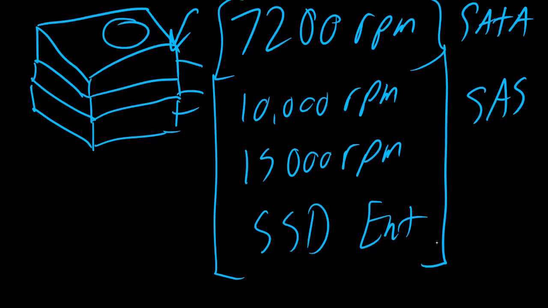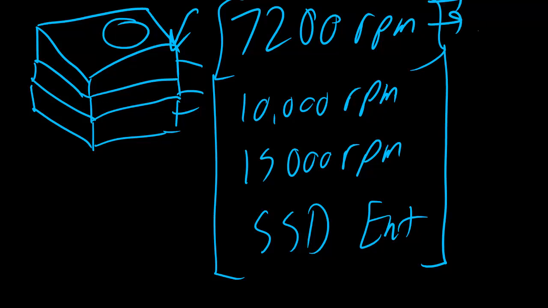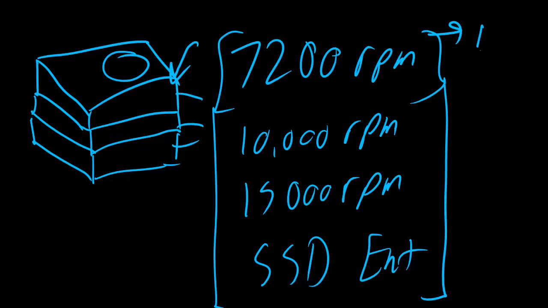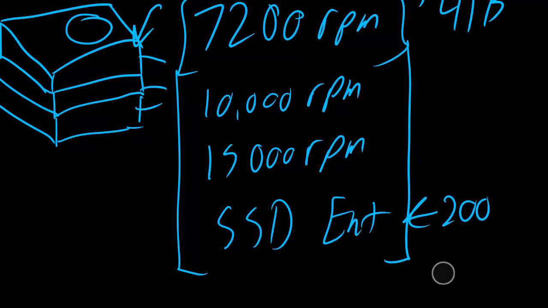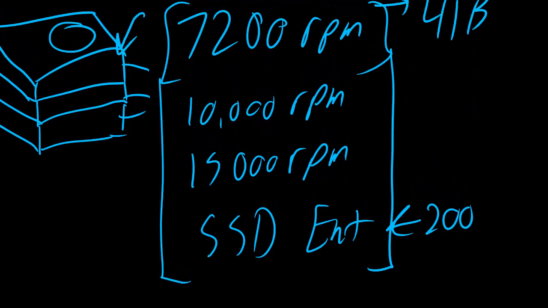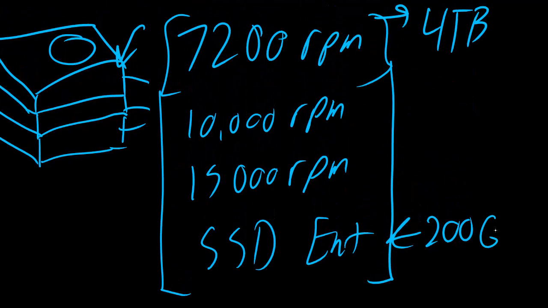And one key difference, though, is the sizes of these things. I can get one of these drives here close to, say, 4 terabytes. This guy here would be like 200 gig. This guy here would probably get about, let's just say, 600 gig at a reasonable price, and this guy here about 900 gig.